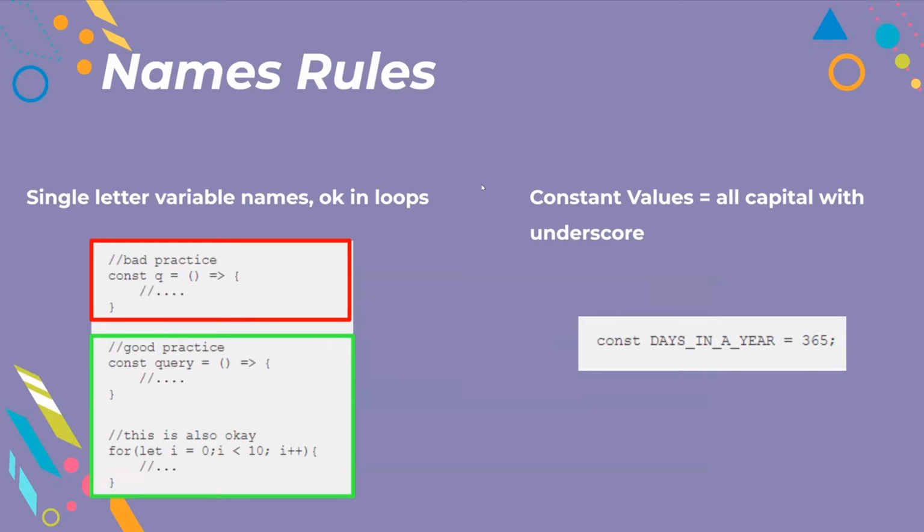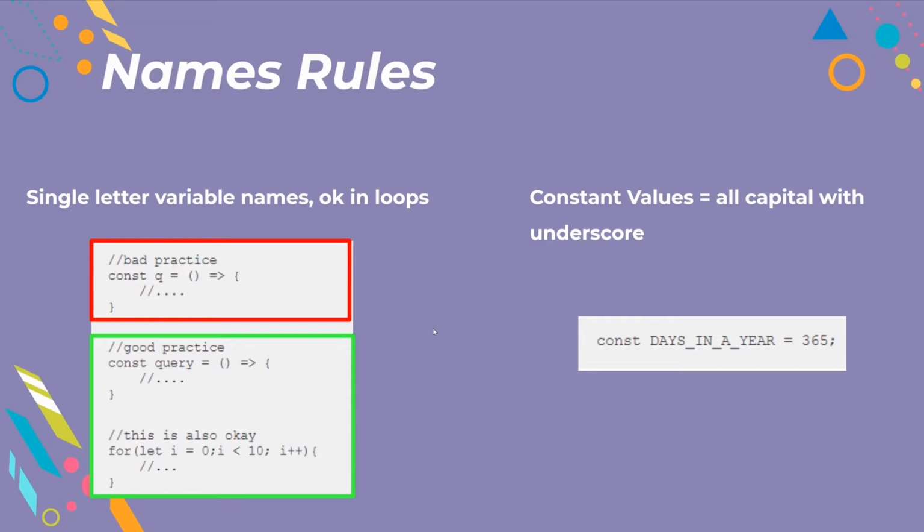So again, we mentioned before the single letter variable names. You don't want to just call something like X or P typically. The only time this is okay is if it's in a loop and it's used as an index. The reason we use I is typically because it stands for index or iterator. So in that case, it's okay, but don't name your variable something like Q, and definitely not functions.